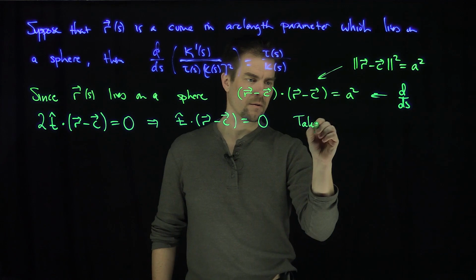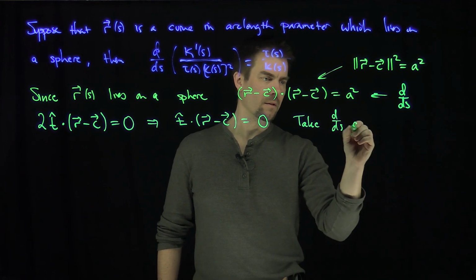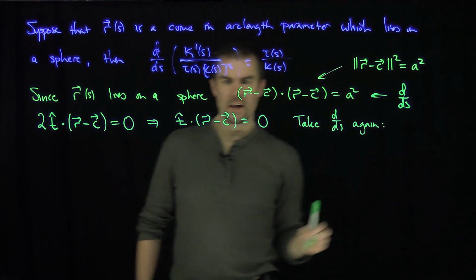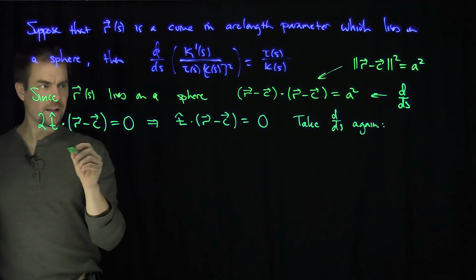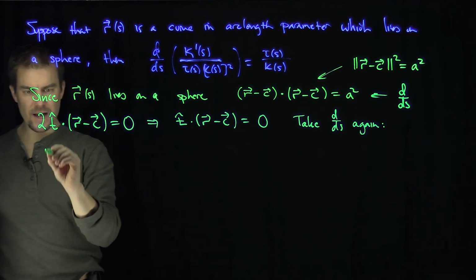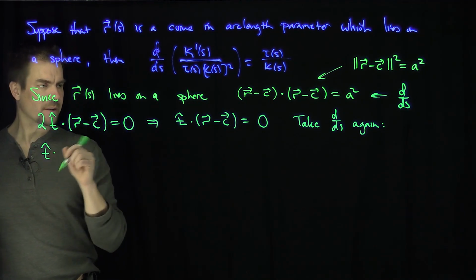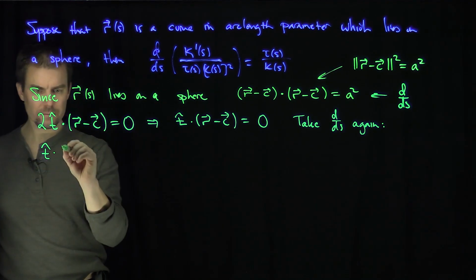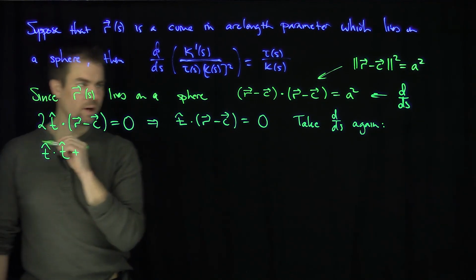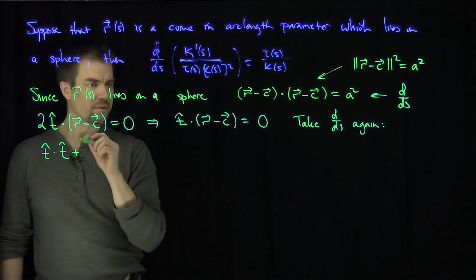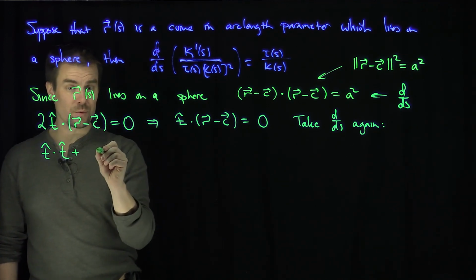Great. Let me take the derivative again. If we do that, we'll get t hat dot t hat plus the derivative of t hat. And what's the derivative of t hat by Frenet-Serret?